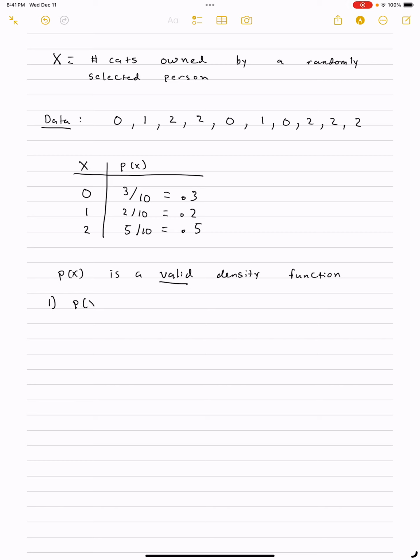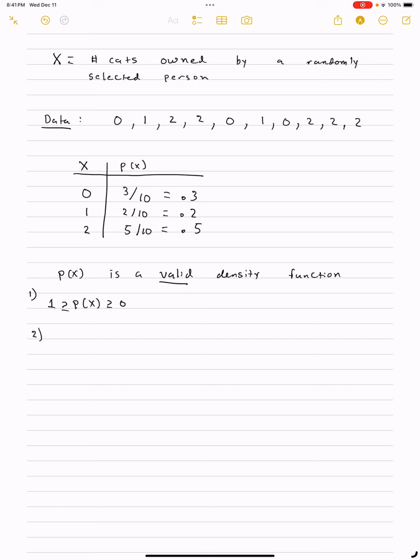One, p of x is greater than or equal to 0, and I'll also say it's less than or equal to 1, because it doesn't make sense to have a probability that is bigger than 1.